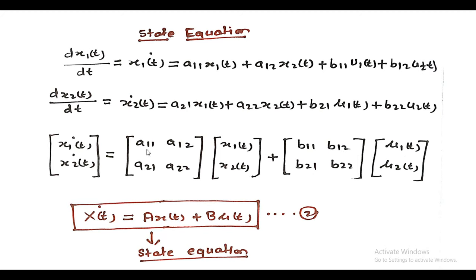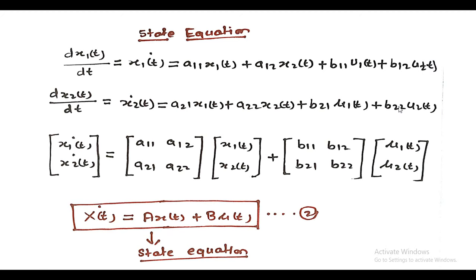Similarly, if you want to represent it in terms of equations, this x1 dot t can be given by a11 into x1, plus a12 into x2, plus b11 into u1t plus b12 into u2t. Similarly, x2 dot t can be given by a21 into x1t plus a22 into x2t plus b21 into u1t plus b22 into u2t.